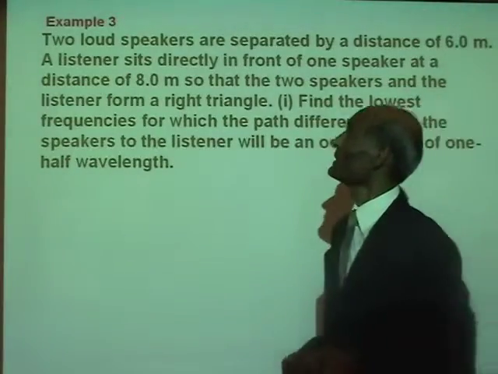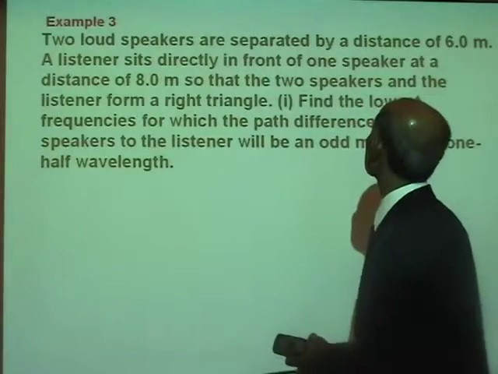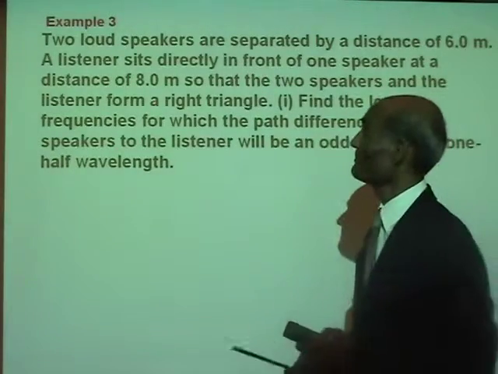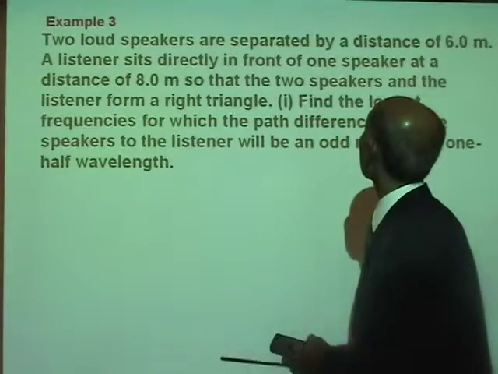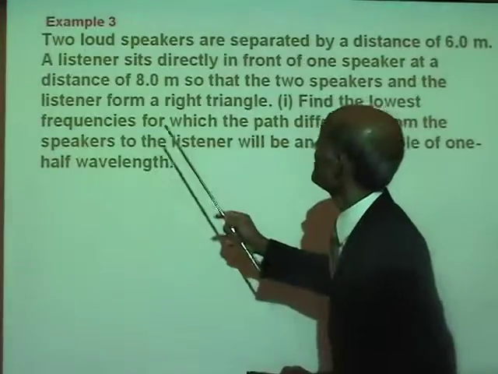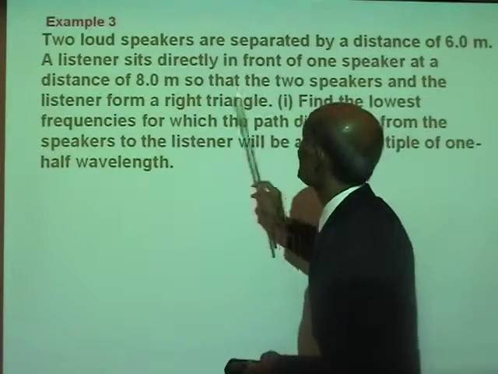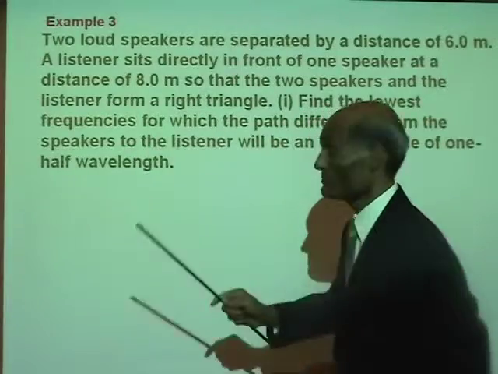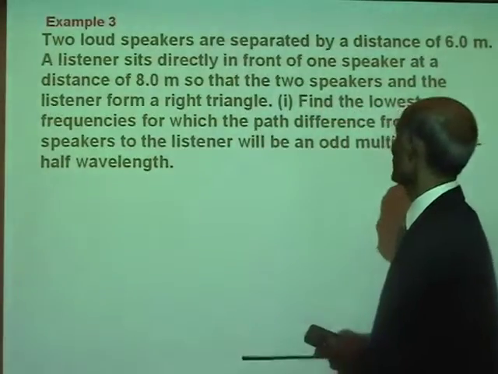Another problem. Two loudspeakers are separated by a distance of 6 meters. A listener sits directly in front of one speaker and at a distance of 8 meters, so that the two speakers and the listener form a right triangle.